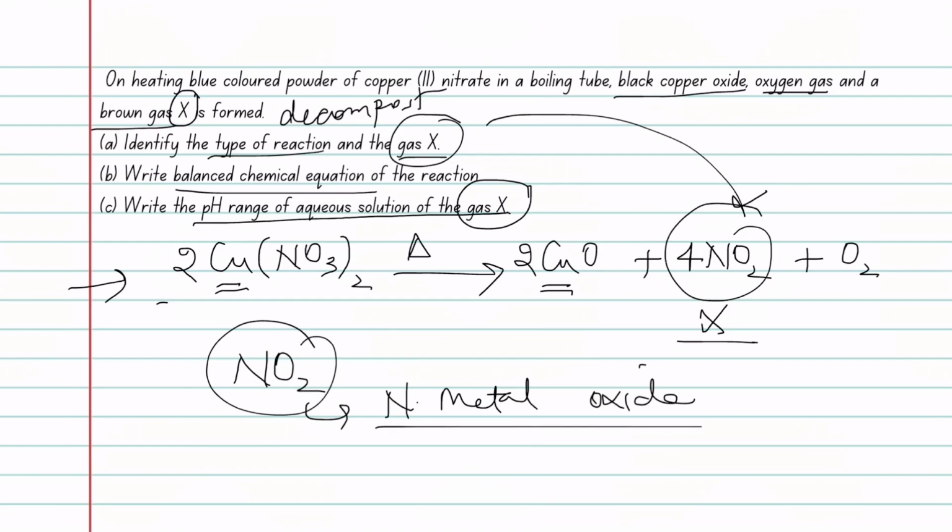So the aqueous solution of that would result in an acidic solution because non-metal oxides are acidic. So its pH would be less than 7.